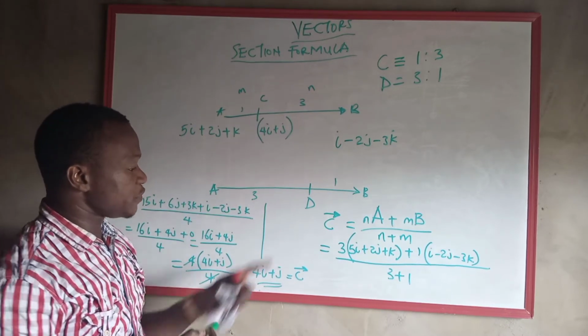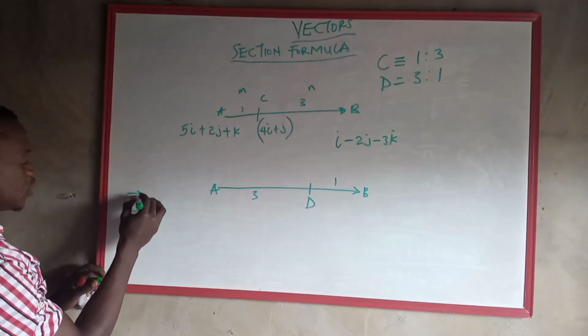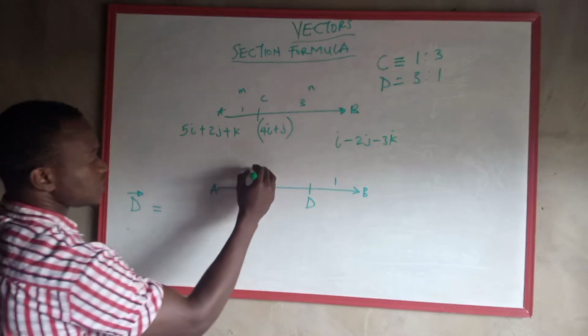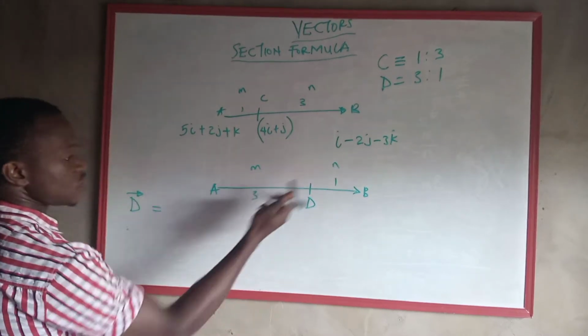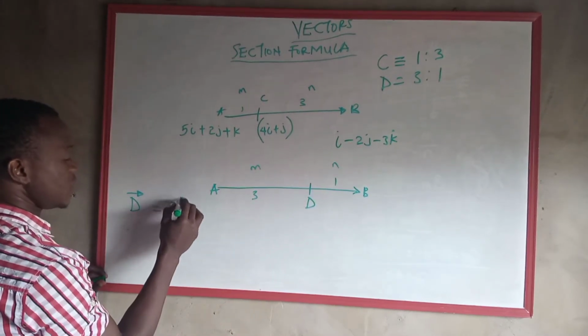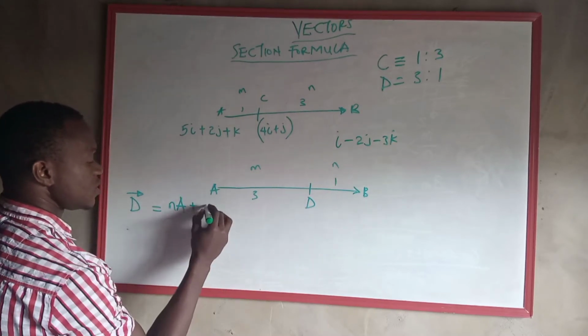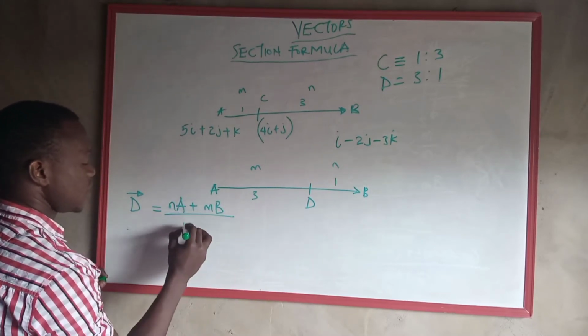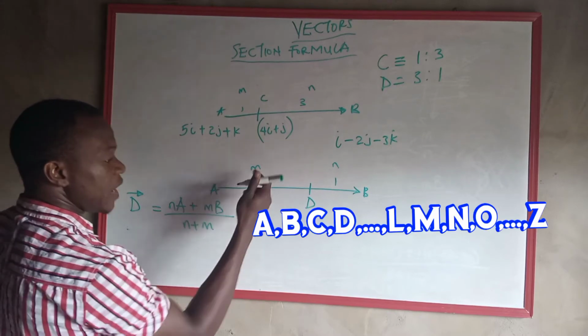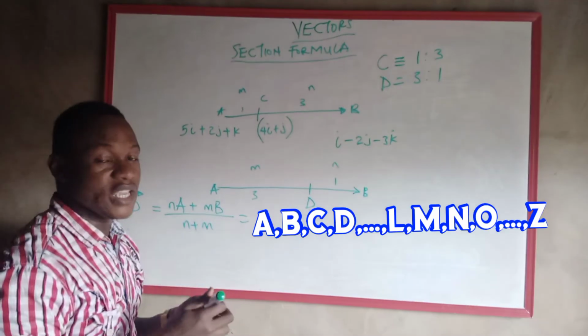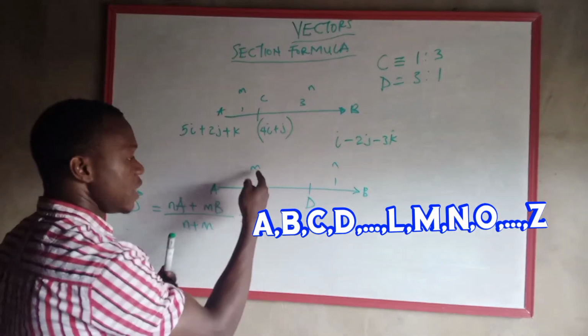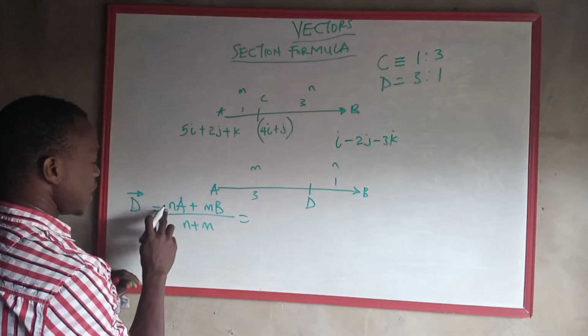Now we can do the same thing for our D. If we are to look for the vector of D, we use, now this is our M and this is our N, so we use NA plus MB over N plus M. Remember N comes before M, like A, B, C, D, E, F, L, M, N. So what is our NA?